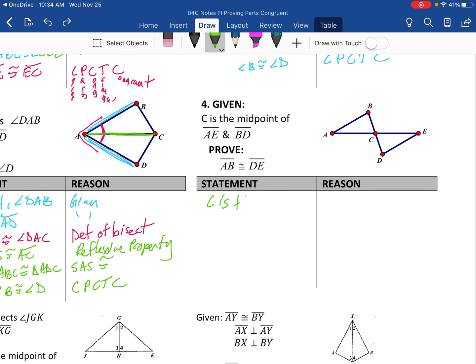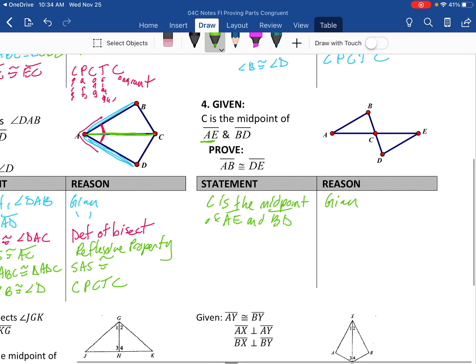Okay, so you're given C is the midpoint of AE and BD. This one would be good, I guess, if you wanted to try it on your own. So this is given to you. If C is the midpoint of AE, okay, then I know AC must be congruent to CE.